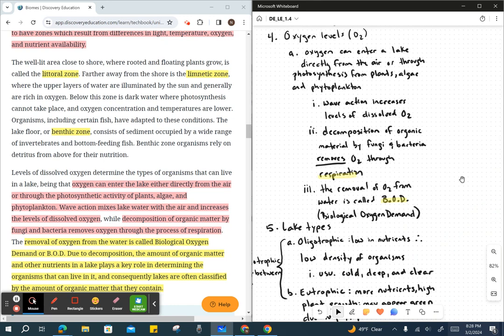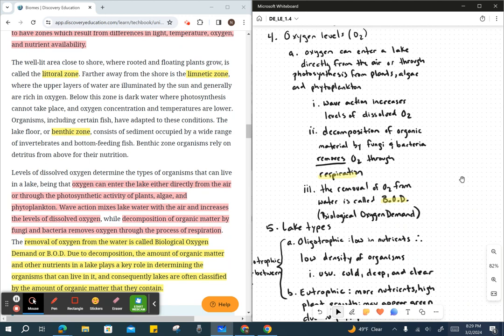We see that also in dead zones at the river deltas, like where the Mississippi River enters into the Gulf of Mexico. There often tends to be a lot of phosphates from farming that enters the river and accumulates when they enter into the oceans, making it very rich.